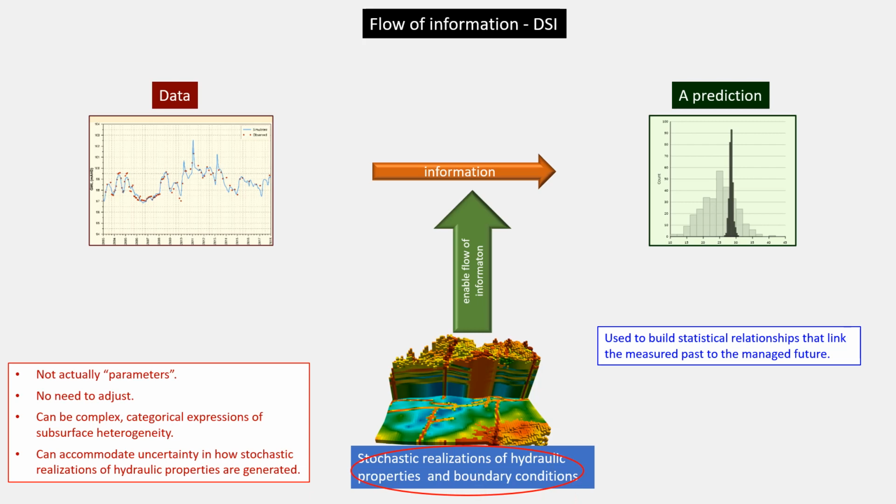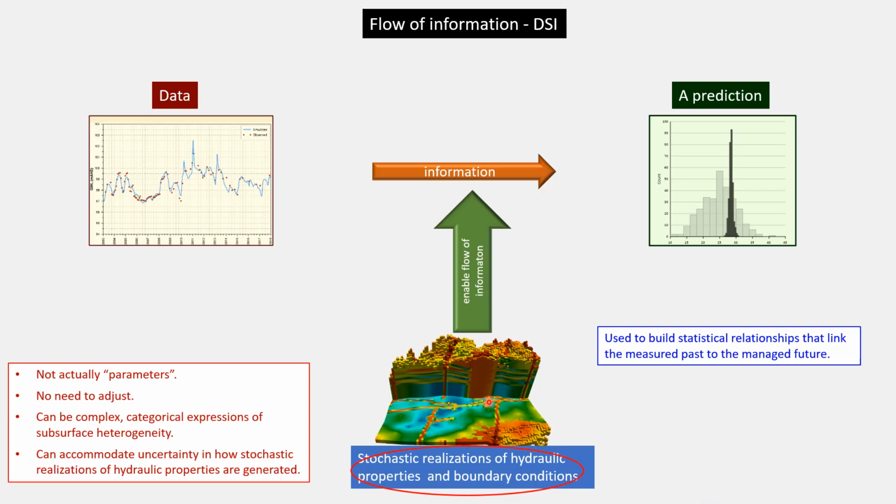But these few hundred model runs, and it's only a few hundred model runs, are used to build a statistical relationship between the past and the future. And it's this statistical relationship that then is used to constrain predictions of the future based on information contained in measurements of the past.